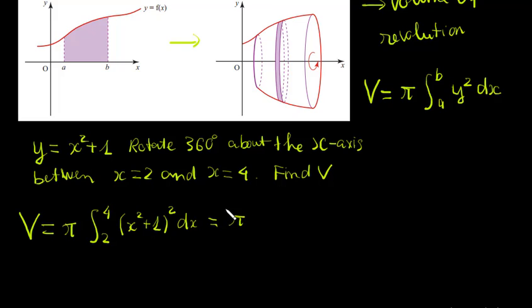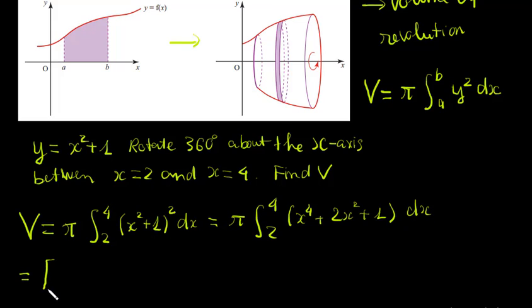Remember to add pi in here, because it tells us that we are talking about volume. 4 and 2, and we have x to the power 4 plus 2x squared plus 1 dx.